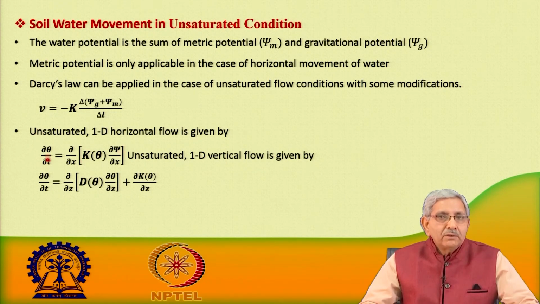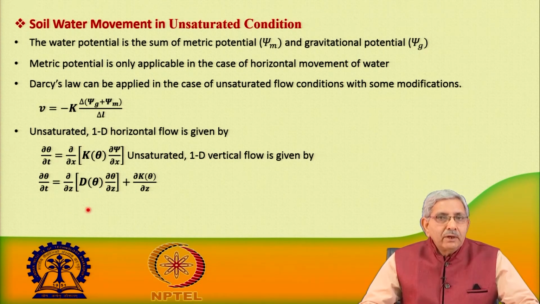When we consider the one-dimensional case, say in the x direction, it is del by del x of K theta times delta psi by delta x, where delta psi by delta x is the matric potential with respect to x. This term can be written in terms of K theta.